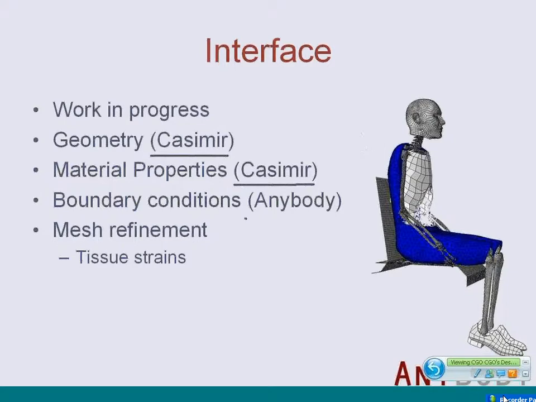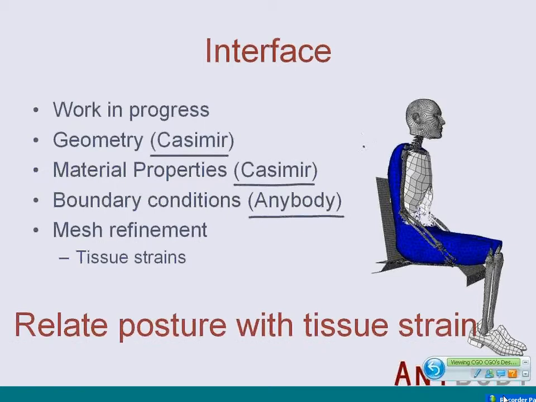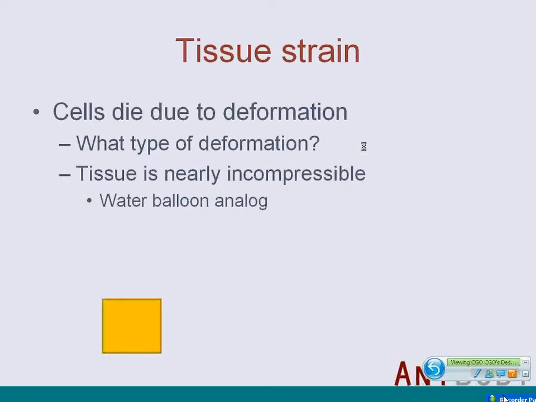And then you need the boundary conditions, so the way you load the model, and that part is handled by the AnyBody model. So basically, then we need to refine the mesh and calculate the tissue strains. In that way, we can relate the posture from the AnyBody model with the tissue strain from the Casimir model.